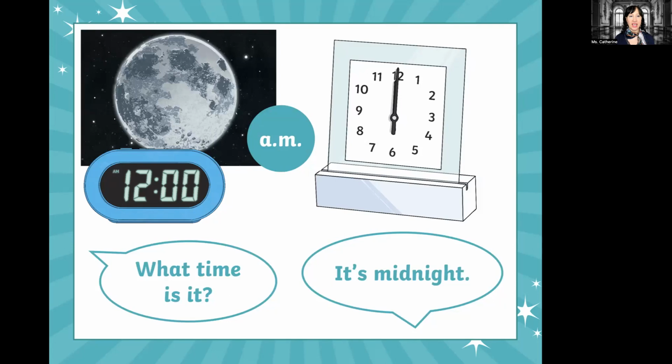We can say it's 12 a.m. Or what? This is a tricky one. We can say it's 12 at night, and we can say it's 12 in the morning. Now, we really can't say it's morning because there's no daylight, but most people will say it's 12 in the morning or it's 12 at night.